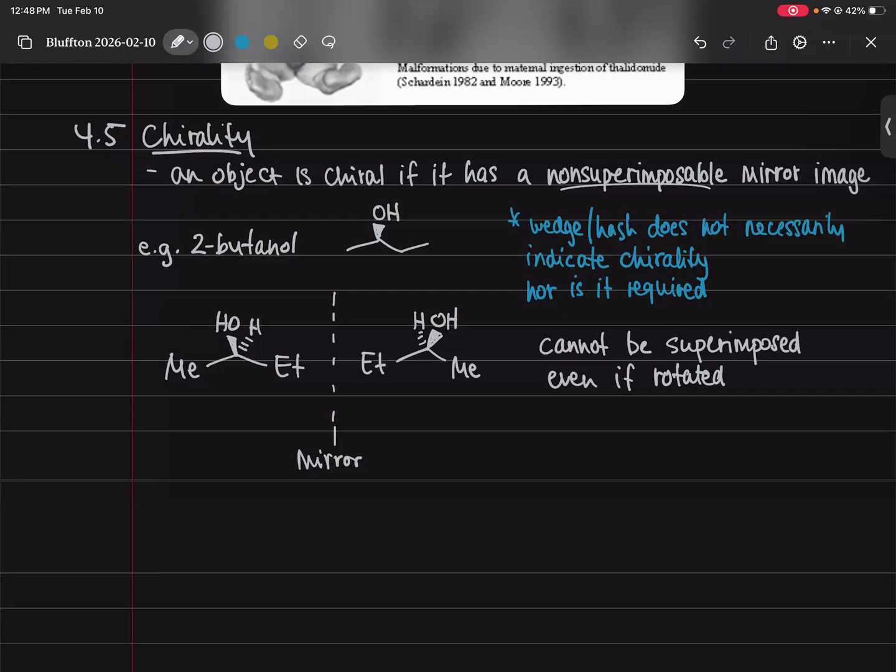Okay, the methyl group is pointing down and to the right, but now the alcohol is pointing backwards. I didn't change the position of my hands, I just turned my body around. And so, no, they are not superimposable, because in this one, the alcohol is coming toward us instead of away.